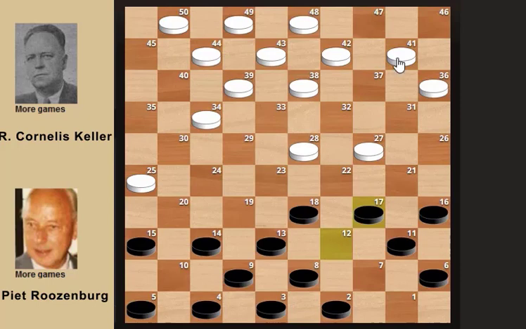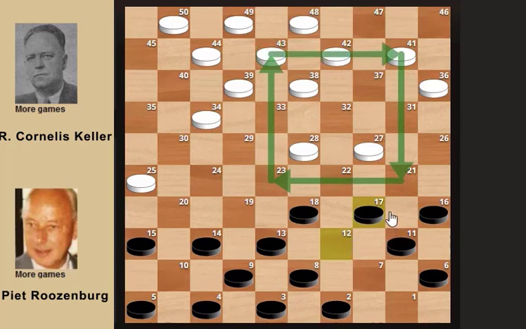When we draw the square, we have this vertex here, 21 and 23. The positions surrounding 21 are 16, 17. So Roozenburg decided to move from 12 to 17 to have an active formation.